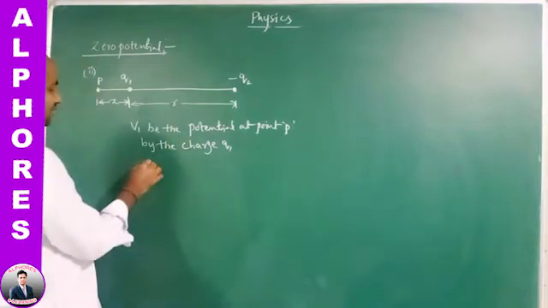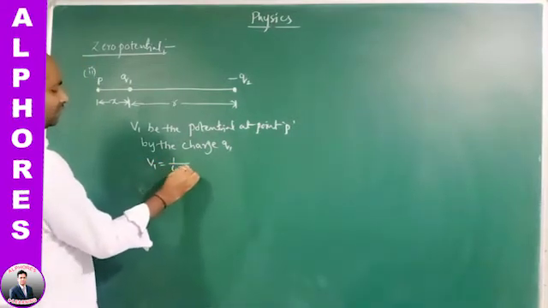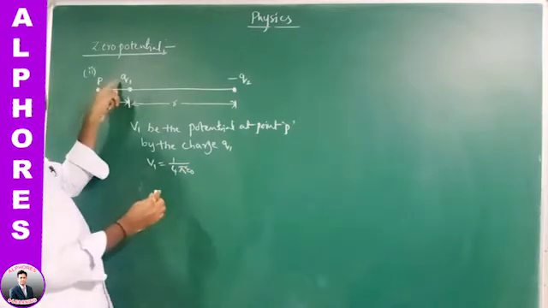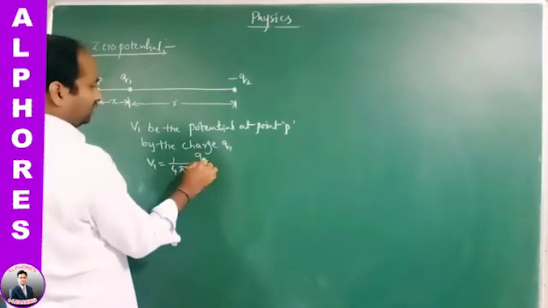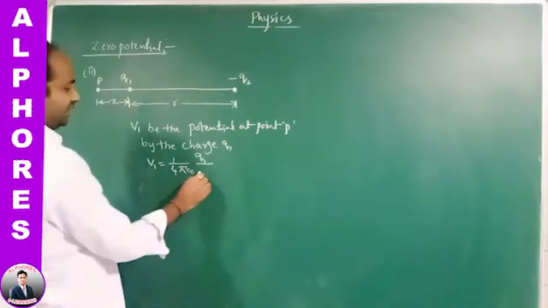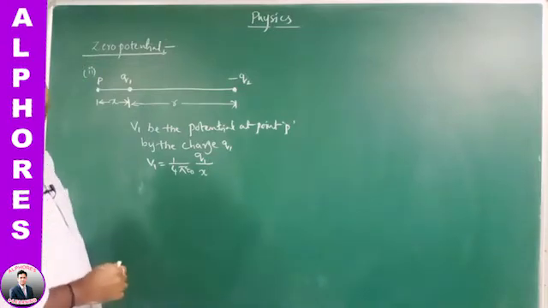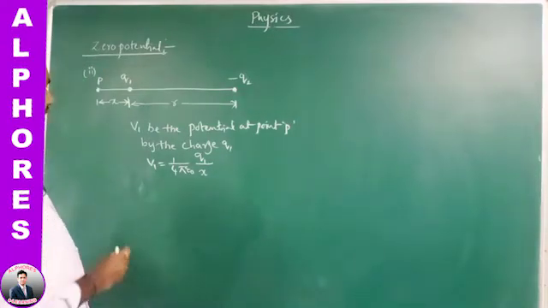So can we write like this? V1 is equal to 1 by 4 pi epsilon naught, the charge is Q1, and the distance of the point P from Q1 is again X. This is the potential at the point P by the positive charge Q1.